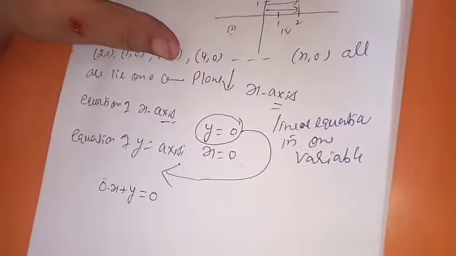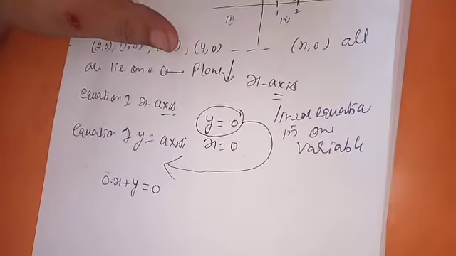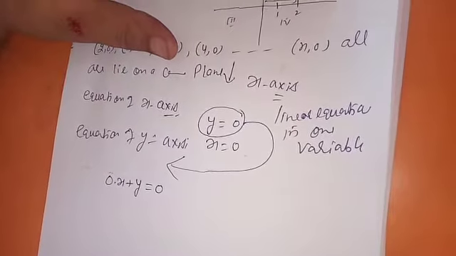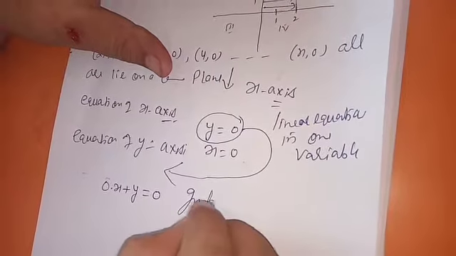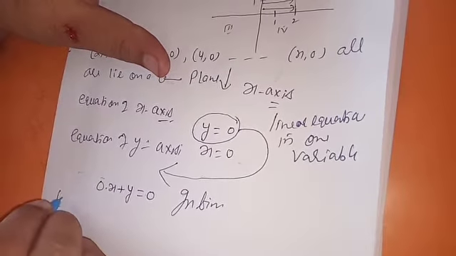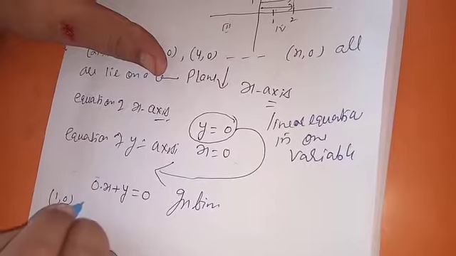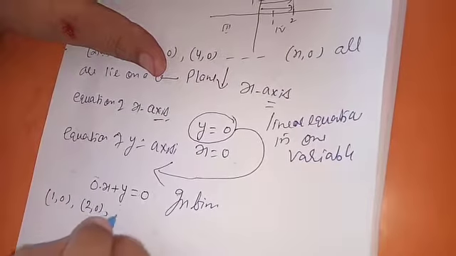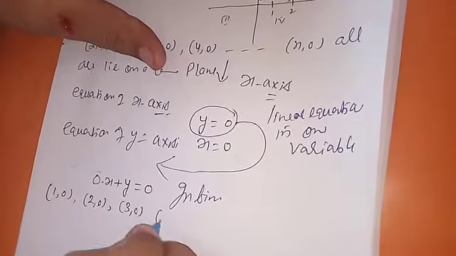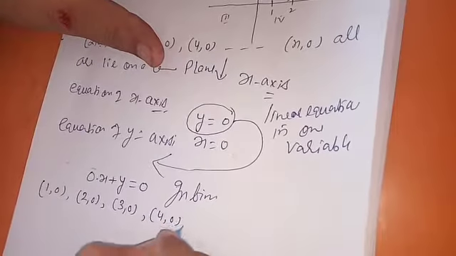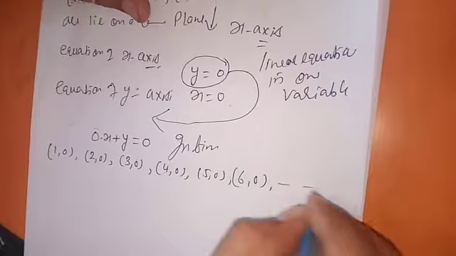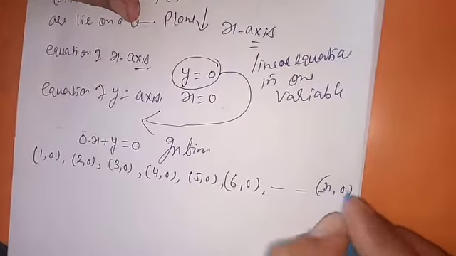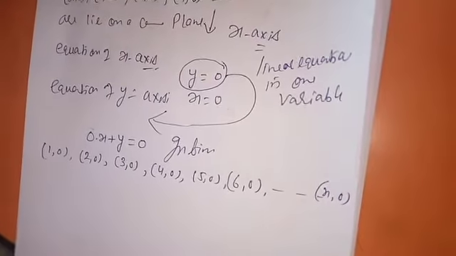Then how many solutions does it have? There are so many, infinite solutions. Like this: (1, 0), (2, 0), (3, 0), (4, 0), (5, 0), (6, 0), continuing like this, (n, 0), n is a real number. All are solutions of it.